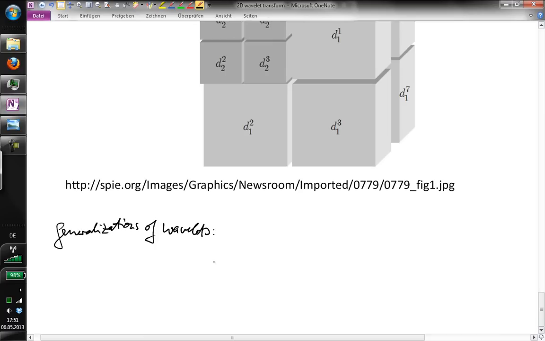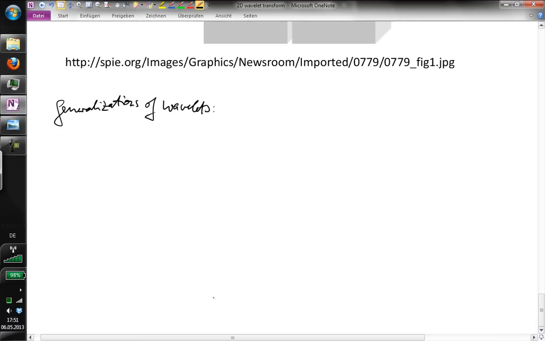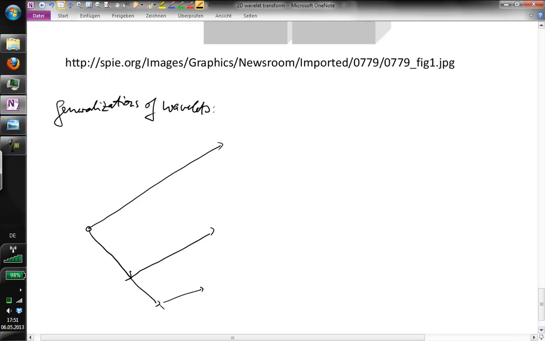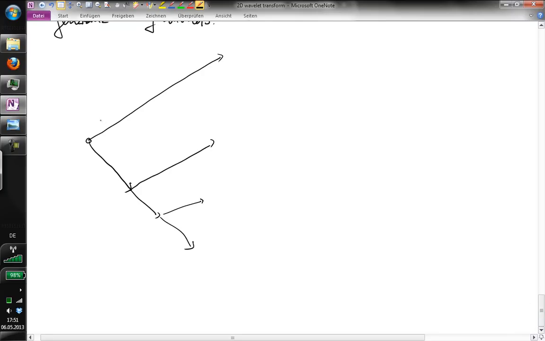If we look again at the tree of filter banks that I've shown, it looked like this. And I could go on with this tree. This was the tree of filter banks where I've always used a high pass filter and a low pass filter and a downsample, etc. Okay?